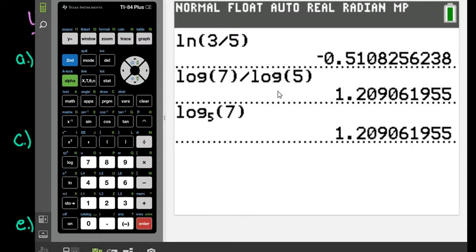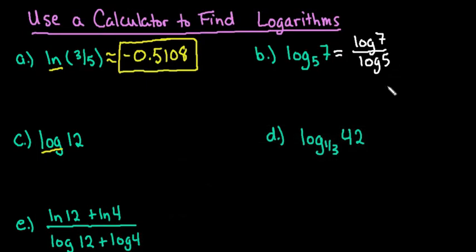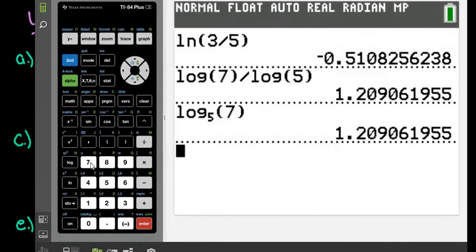So you can see that both of these give you the same answer. So either method could be used. I know the TI Inspire graphing calculator has you put it in this way. Okay, so for this you would just say that it's 1.2091.